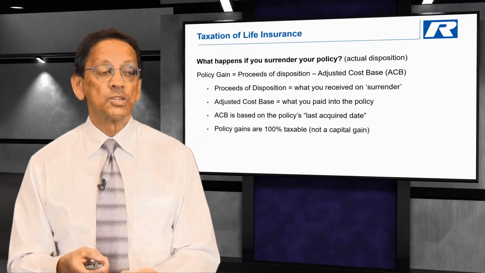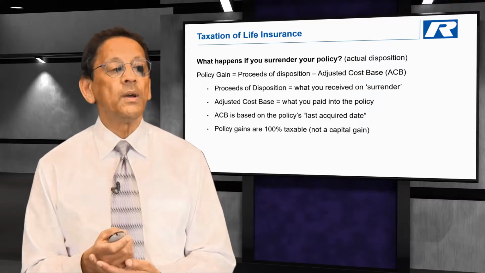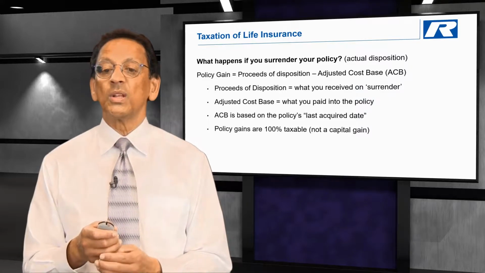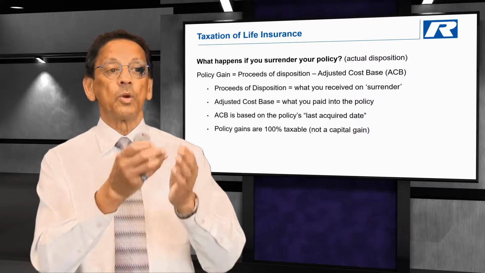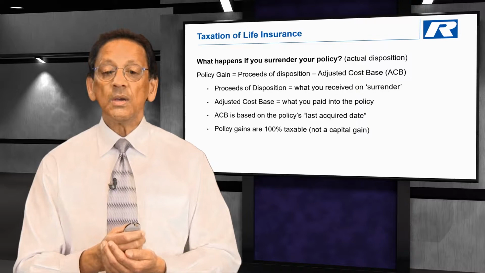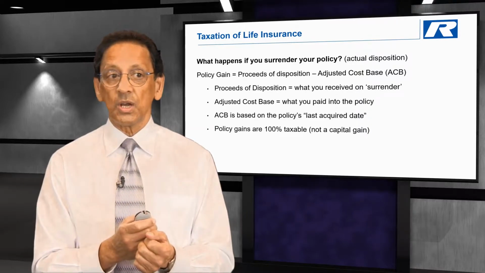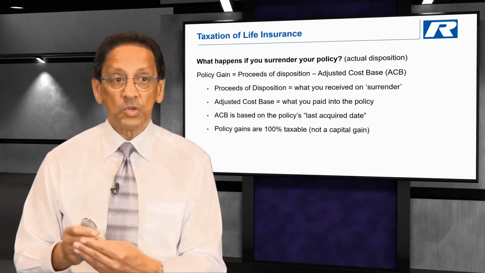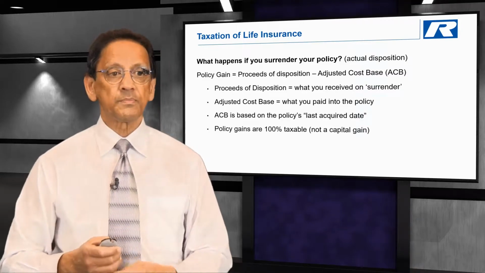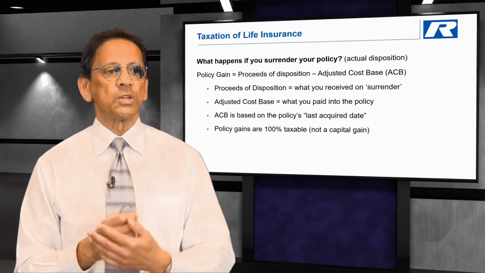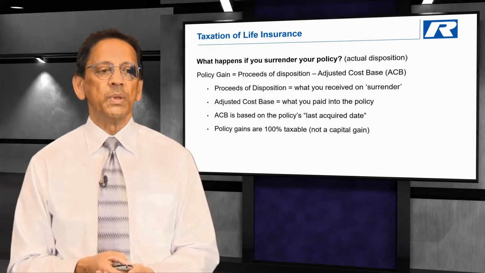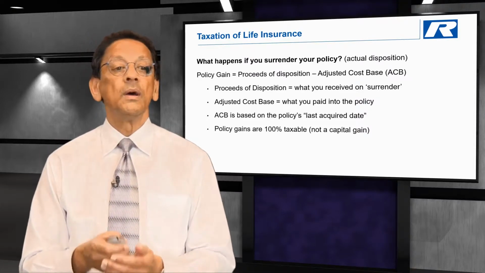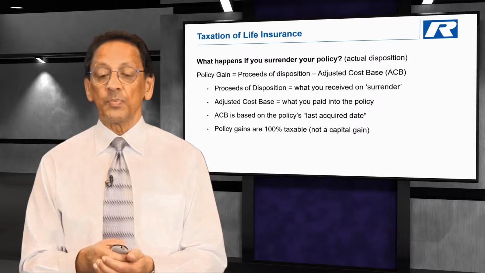And then if you get back more than what you put in, then you're going to have to pay tax on that gain. So when we look at the formula for calculating your policy gain, it's going to be your proceeds of disposition, in other words, what you got back from the insurance company, minus how much you put into the plan. It's called your adjusted cost base. And so your adjusted cost base is going to be based on the date that you purchased that policy.